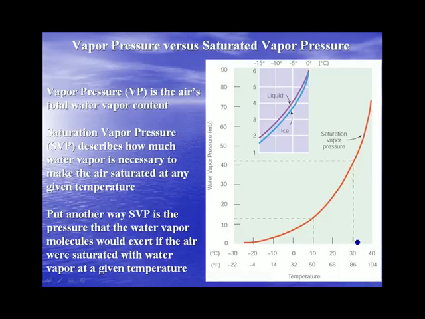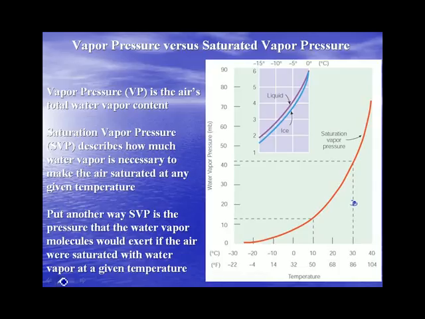And so in our previous example, if we have an air parcel at 30 degrees Celsius, where it intersects the saturation vapor pressure curve is 42 millibars. But let me ask you this. Let's say, for instance, that at 30 degrees Celsius, we have an air parcel.